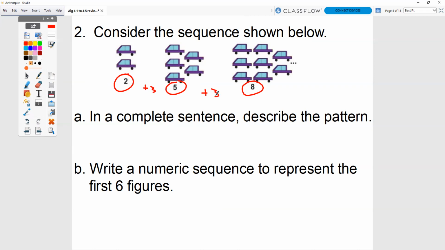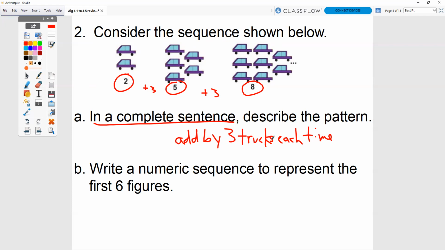It says, in a complete sentence, describe the pattern. It is a very, very common mistake to just say that we add by 3 trucks each time. However, if you think about describing the pattern, if you're adding by 3 trucks each time, how many trucks are we starting with?